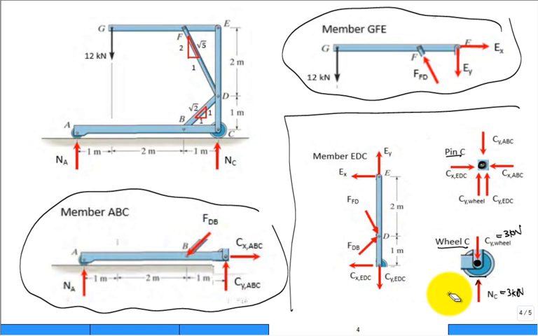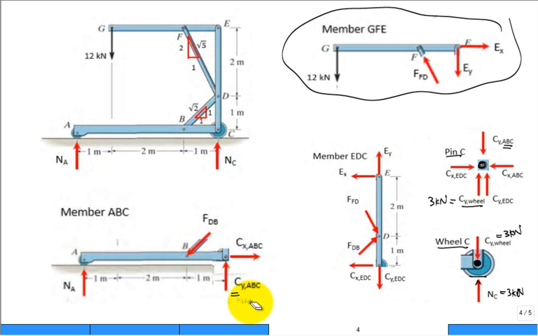And this is probably the most challenging part. For the pin, I have a wheel pushing upward on that pin, and we already calculated that's 3 kilonewton. Okay. We also have a member ABC. This member ABC, we had a CY with the pin exerted on the member, and we just calculated that to be a positive. Let me try and draw it over here.